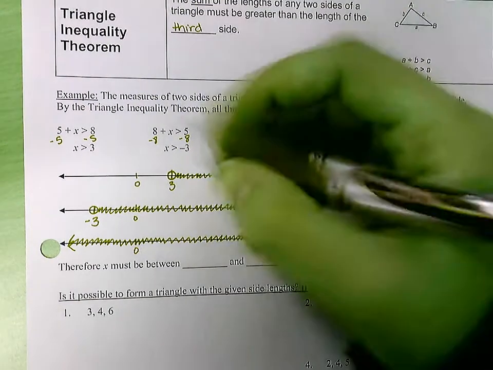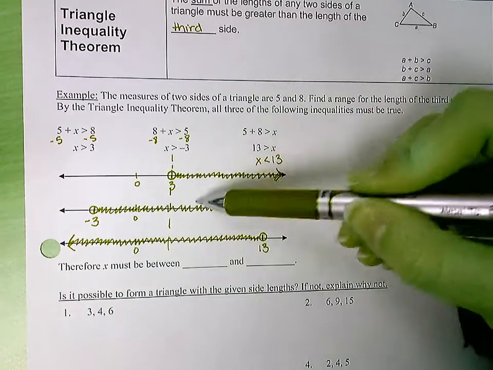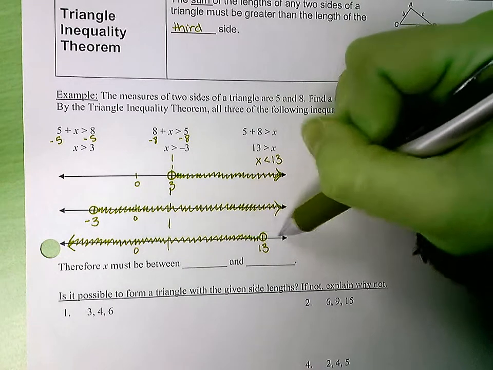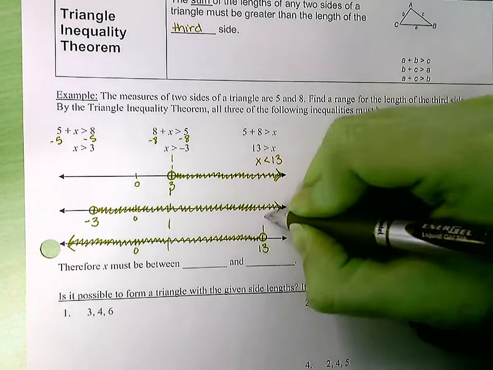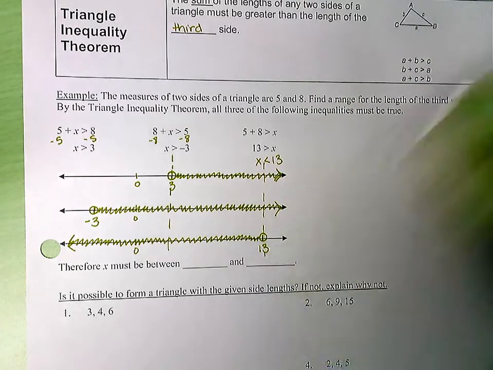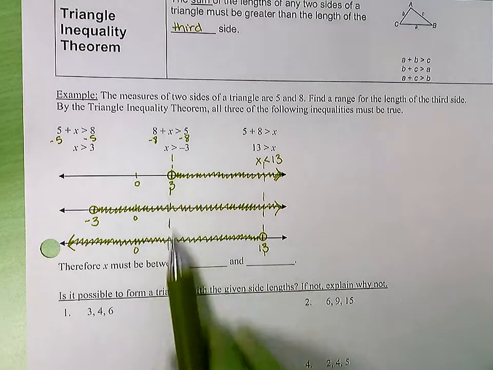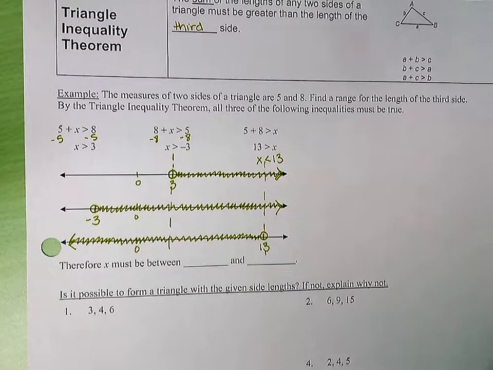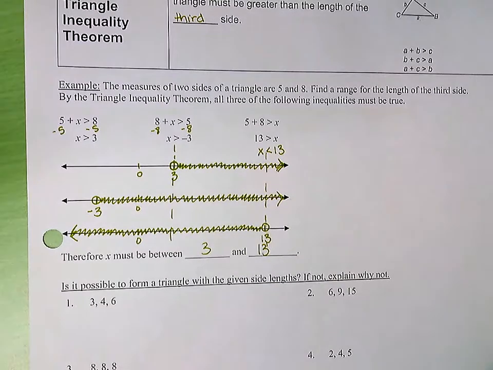But once I get to this 3 right here, all 3 of my lines are shaded at that point, and it stops at 13 because it's not shaded to the right anymore over here. So that means my range of values has to be between 3 and 13. So x must be between 3 and 13.